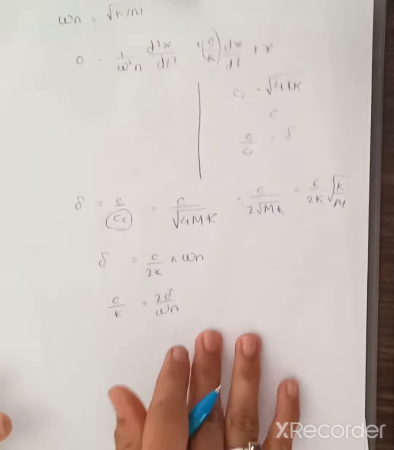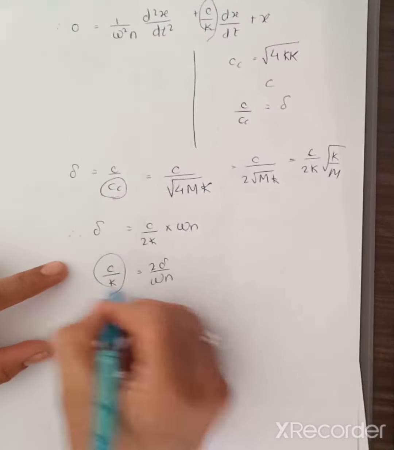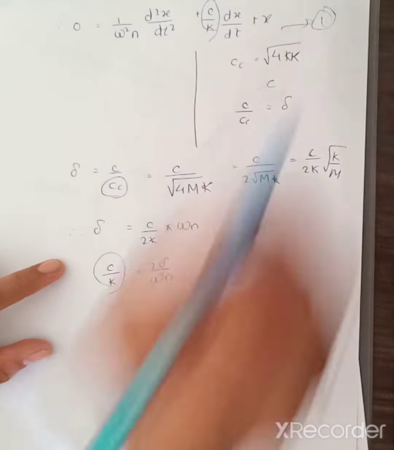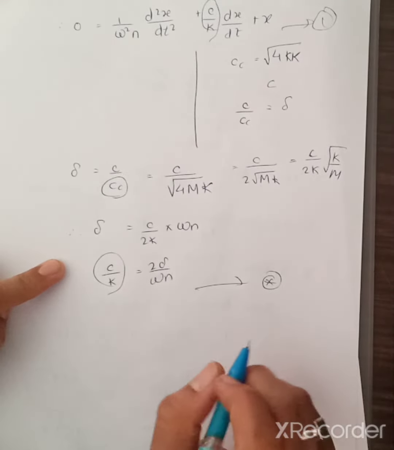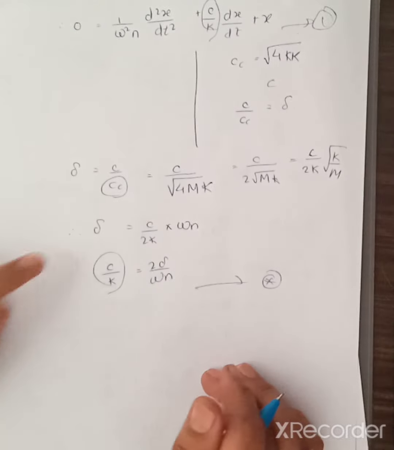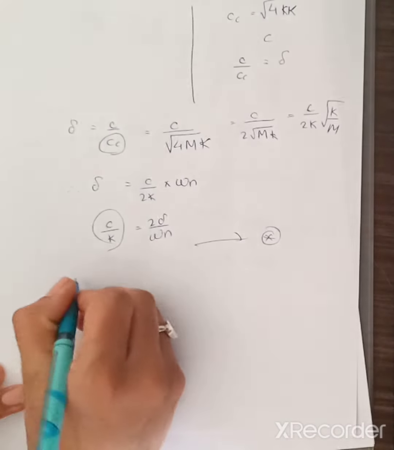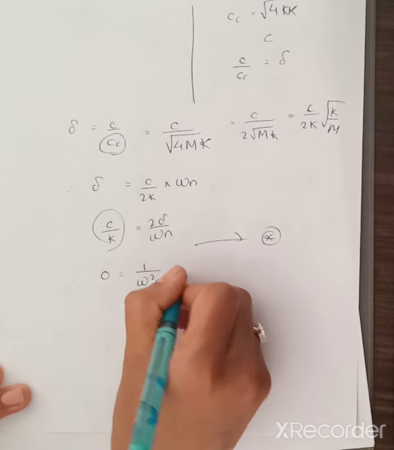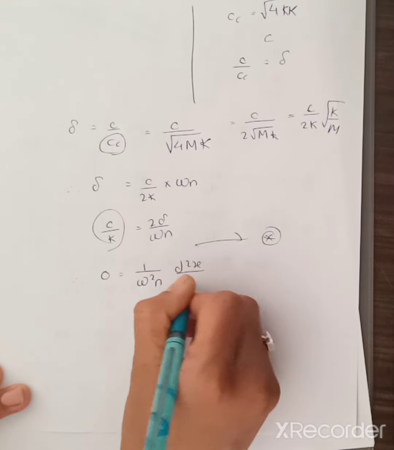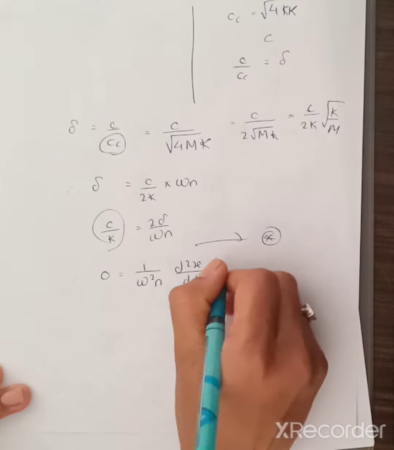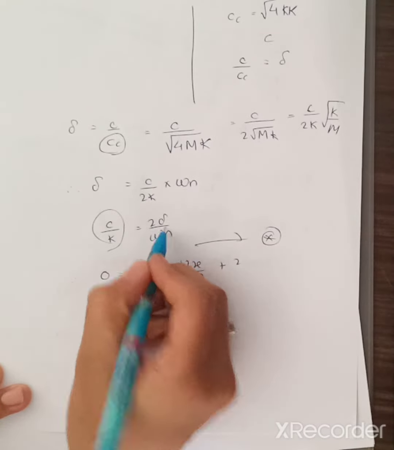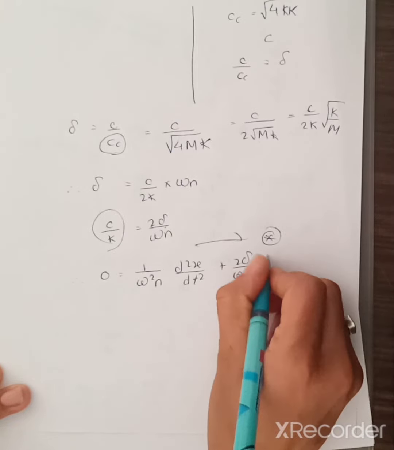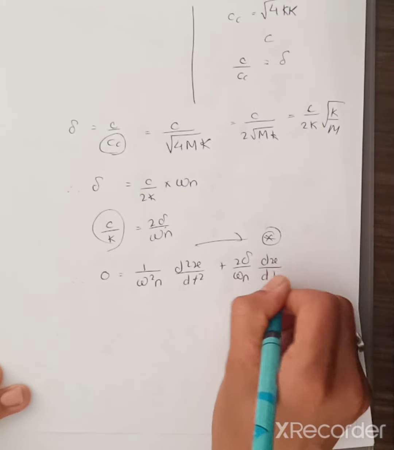Here we can put this value of c by k, suppose star, into equation 1. Then we can obtain 0 is equal to 1 upon omega n square d square x upon dt square plus 2 del upon omega n dx upon dt plus x.